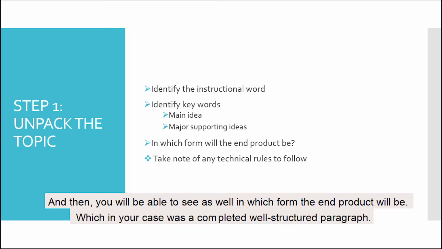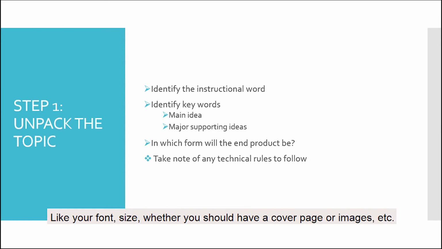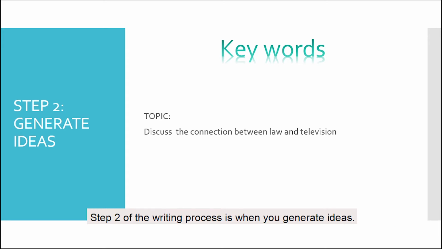And then you will be able to see as well in which form will your end product be, which in your case was a completed, well-structured paragraph. And then during step 1, you should also take note of any technical rules that you should follow that is given to you in class. Things like your font, your size, whether you should have a cover page or any images, and so forth.